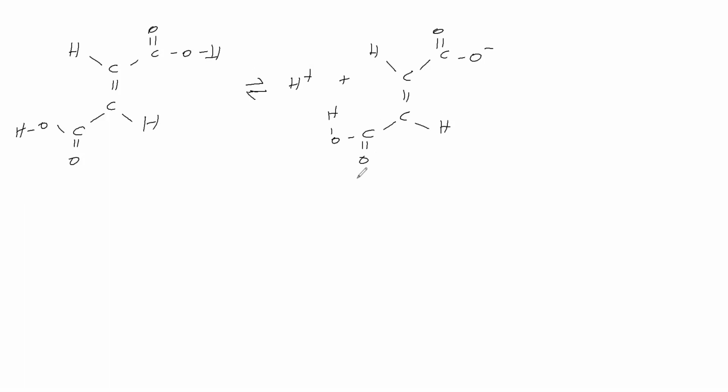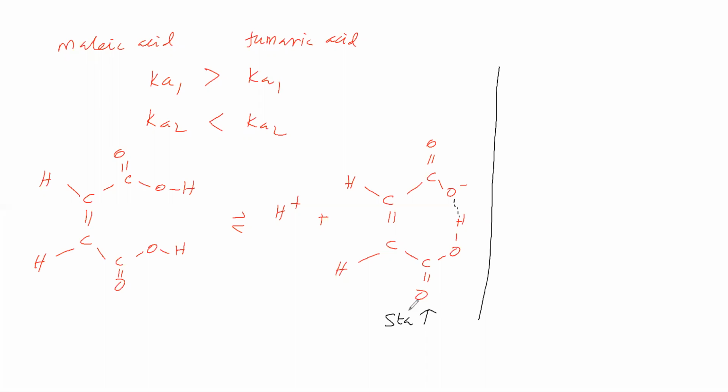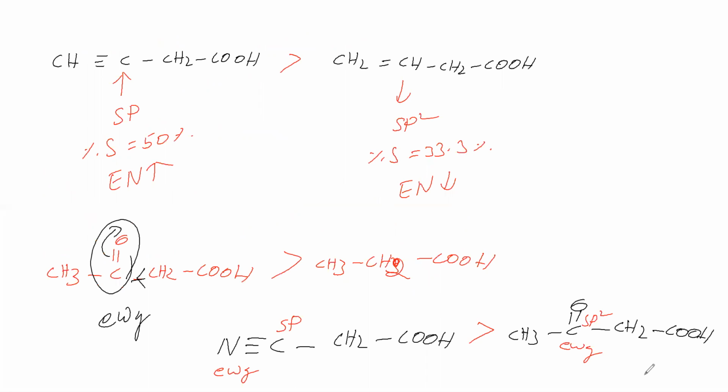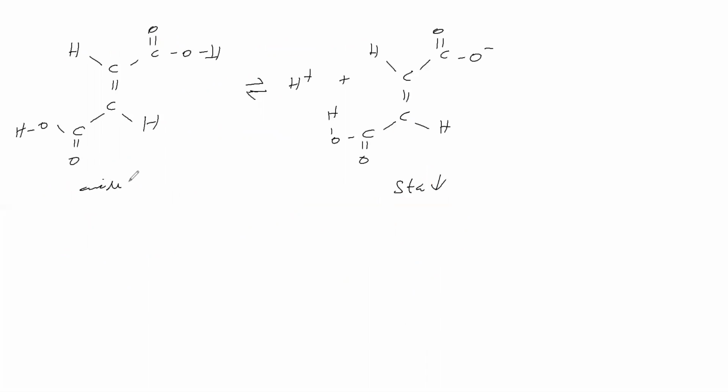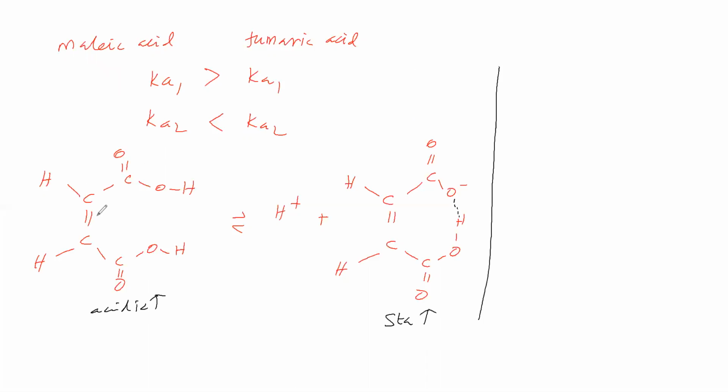Here there is no hydrogen bonding, and no hydrogen bonding means stability is less. Here, hydrogen bonding gives more stability, therefore this acidic strength is more, but this acidic strength is less. So fumaric acid is less acidic and maleic acid is more acidic. Therefore, Ka1 is more for maleic acid and less for fumaric acid. Next we'll see: it is a dibasic acid, therefore it will give another H plus.